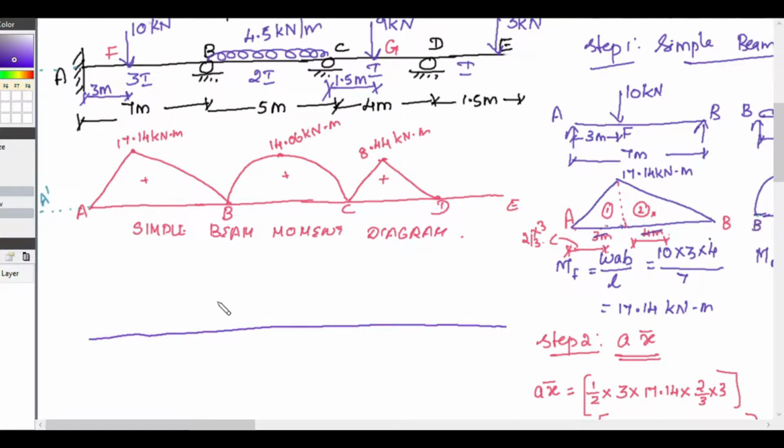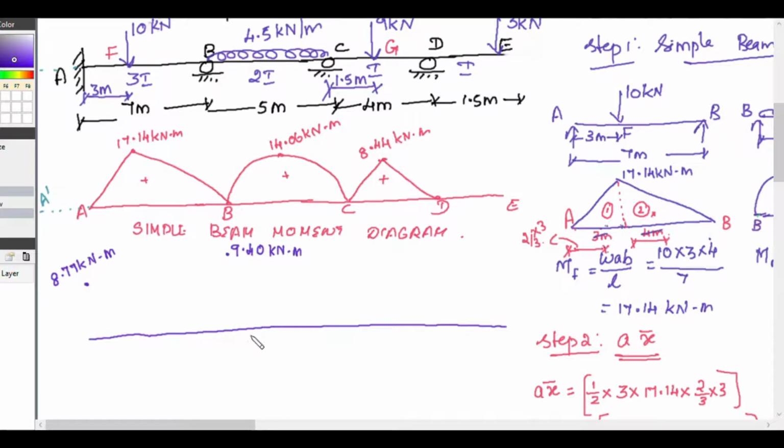Okay, so our fixing moment diagram will be, at A, minus 8.77 kilonewton meter. At B, it is minus 9.40 kilonewton meter.